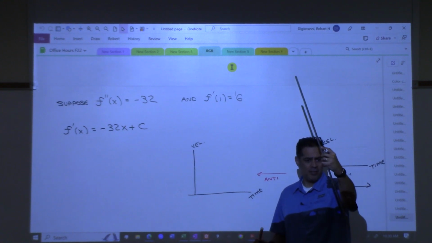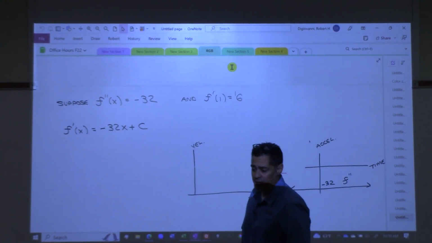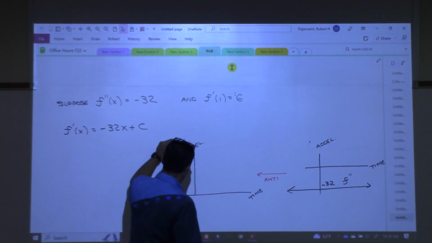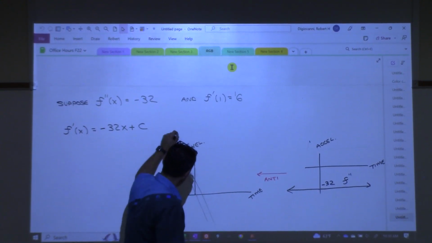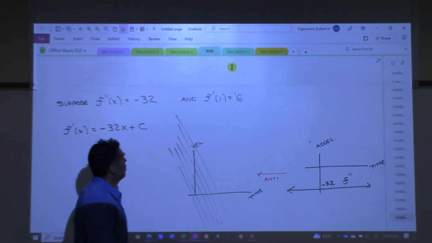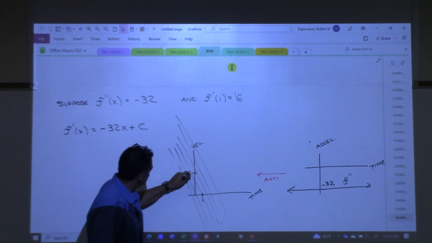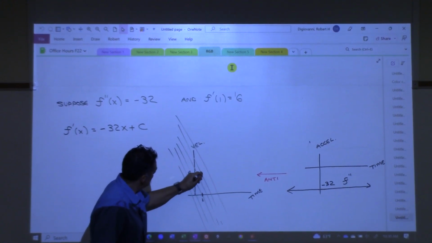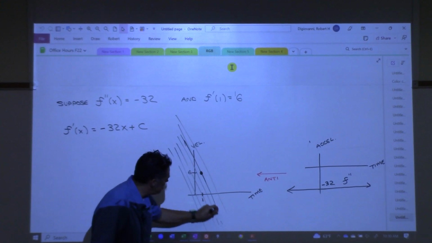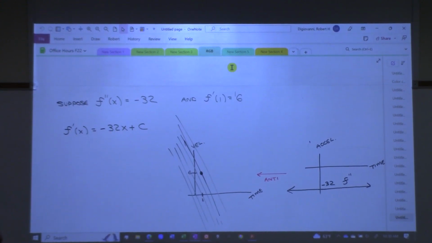But it has to have that slope of negative 32. But by telling you that when I plug in 1 I get 6, there's only one of these lines that when you plug in 1 you get 6, right? It's this line right here. Do you see that? That's going to allow me to nail down exactly which line it is.